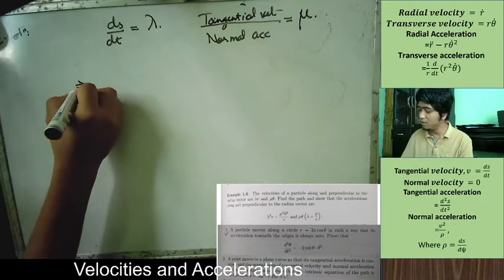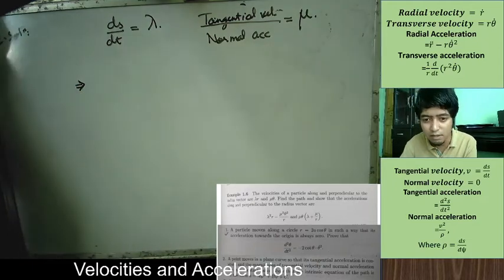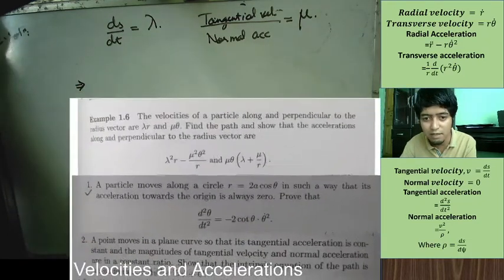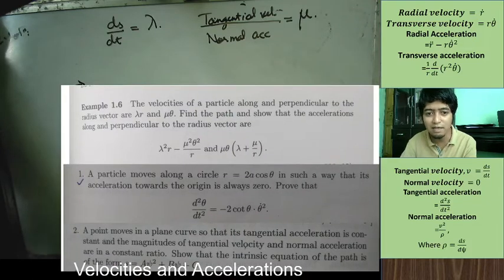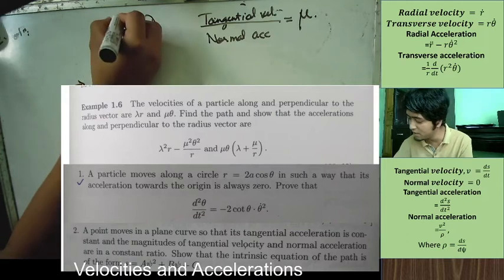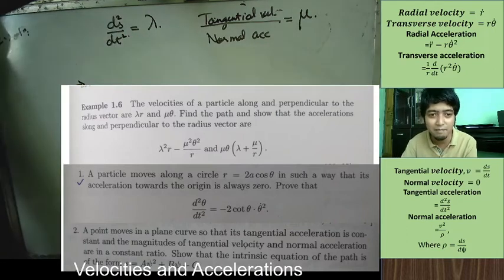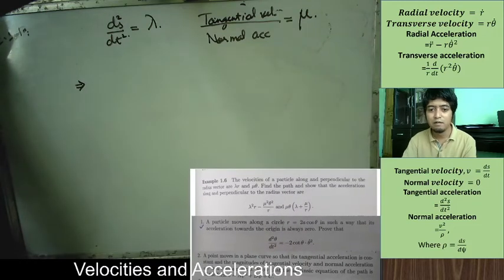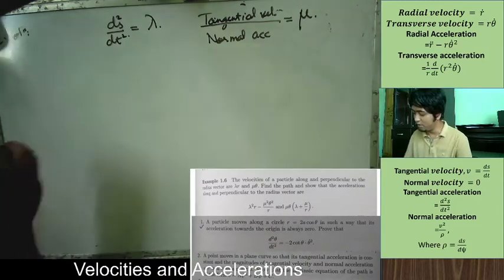Actually, it's given that the tangential acceleration is constant, so d²s/dt². I made a mistake. So what can we do?